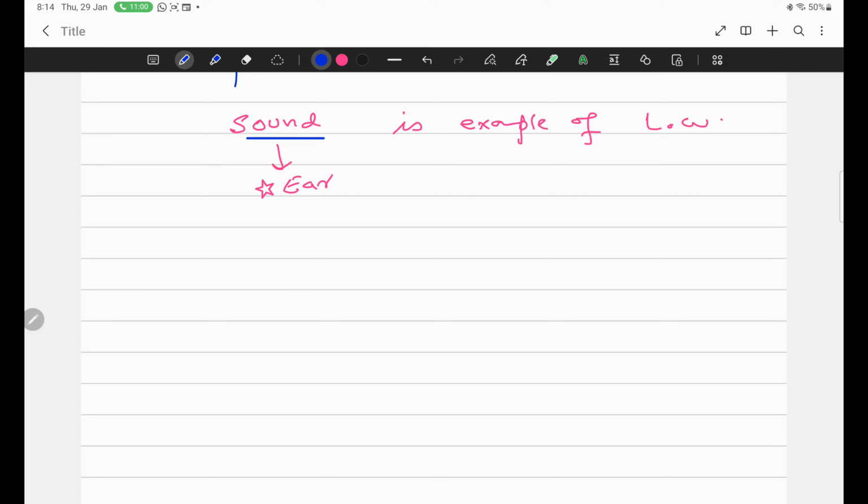The meaning is if the frequency of longitudinal wave is between 20 hertz and 20,000 hertz, then such a longitudinal wave is called audible sound. We humans can detect sound between 20 hertz and 20,000 hertz.